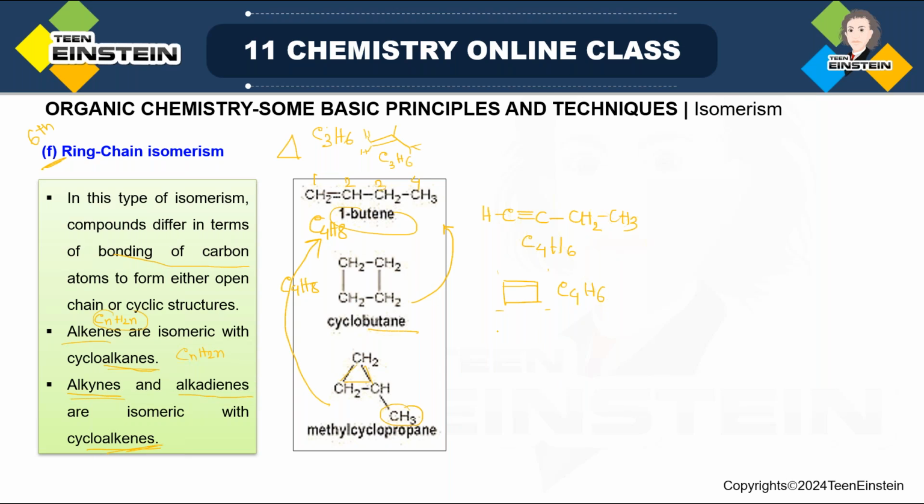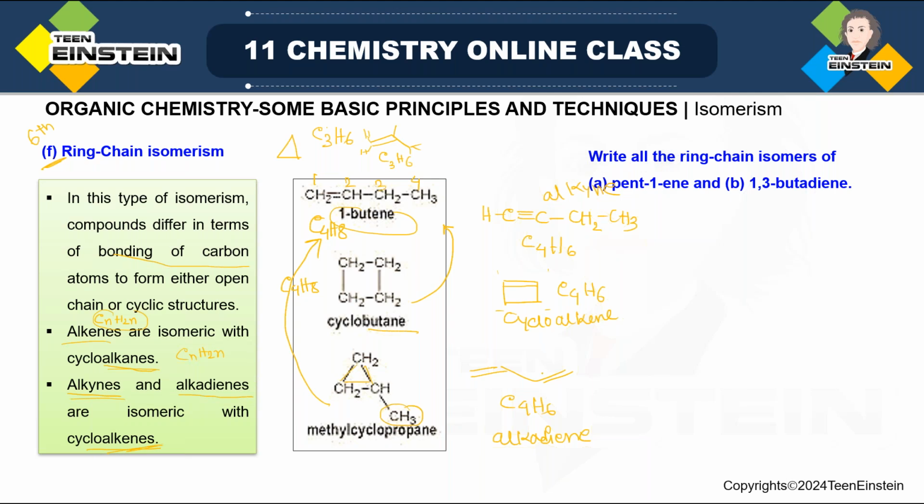So see, this is a cycloalkene, and this is an alkyne. Now, keeping the carbon number the same, I can also have this structure, which is also C4H6, but this is an alkadiene. Okay, 2 double bonds.